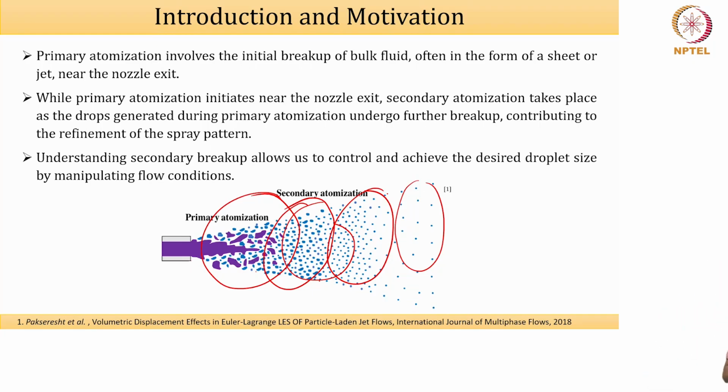So understanding why this is important: if you understand the secondary atomization part, secondary atomization basically allows you to do a few things. First is to produce the ultimate droplet size distribution, right, before it enters into whatever. The second part is the dispersion.